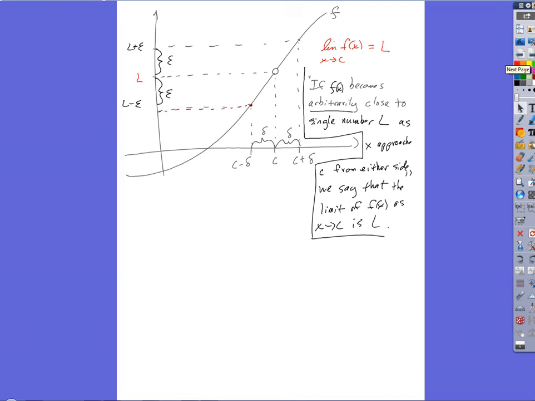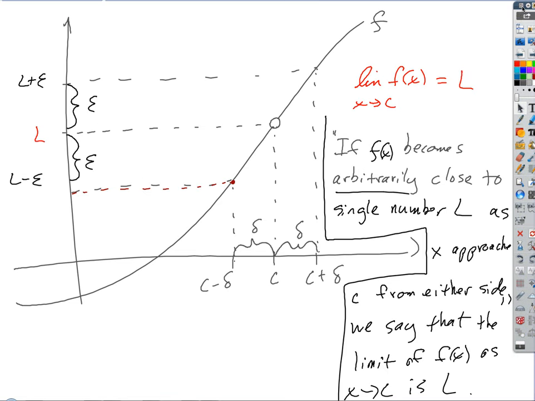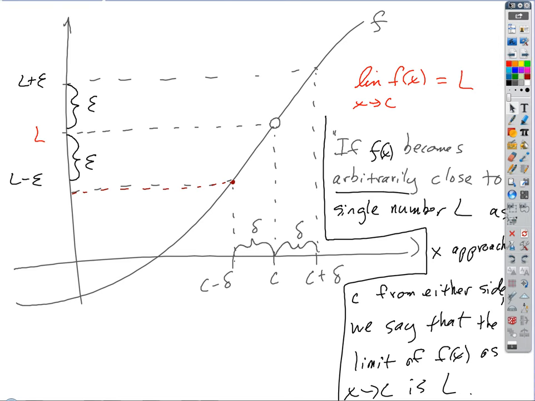Yeah, right here. This is the one I want. So our formal definition is that we want to be able to show that there is a relationship between the size of the neighborhood of values around x, so we'll call that delta, right? And how close we get to our target limit, call that epsilon, right?